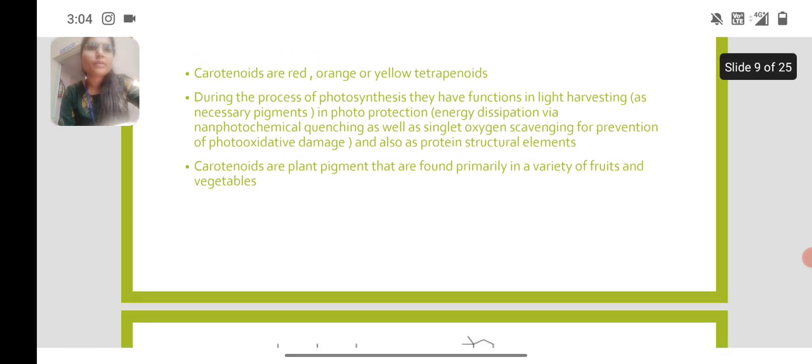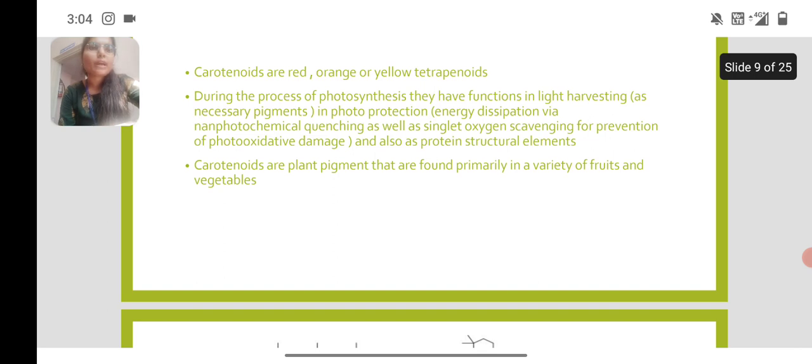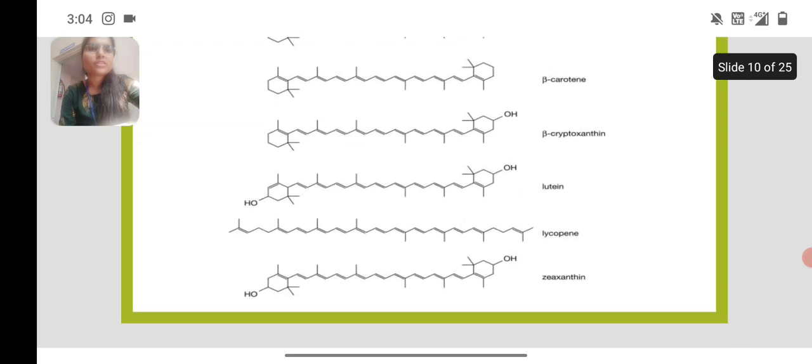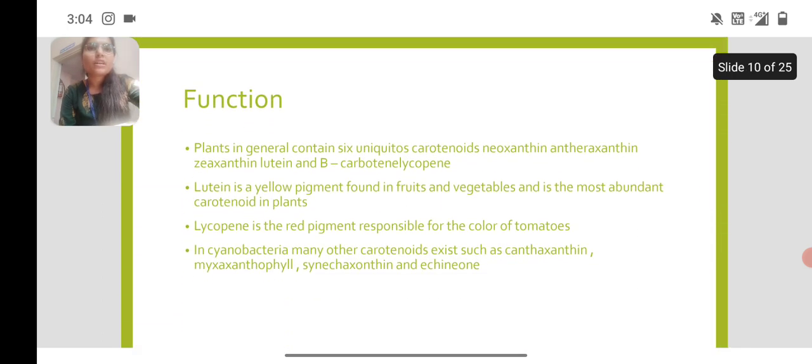Carotenoids are plant pigments that are found primarily in a variety of fruits and vegetables. Structure. Function. Plants in general contain carotenoids: neoxanthin, antheraxanthin, violaxanthin, lutein and beta-carotene.